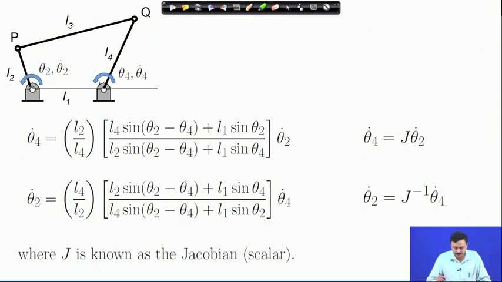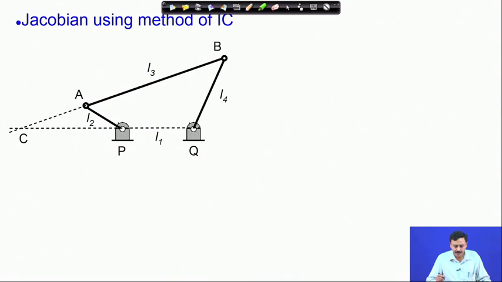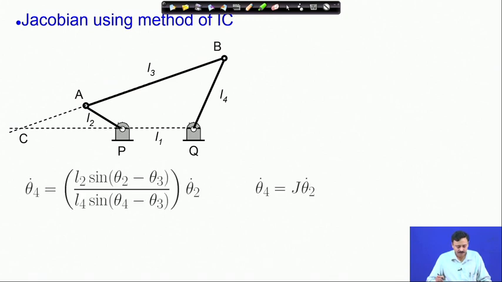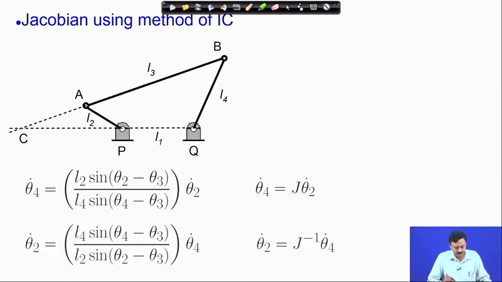So, let us compare the Jacobian obtained using the method of instantaneous center of rotation. So, you remember that theta 4 dot was related to theta 2 dot using the angles theta 2 and theta 3, and the inverse relation is also given here.